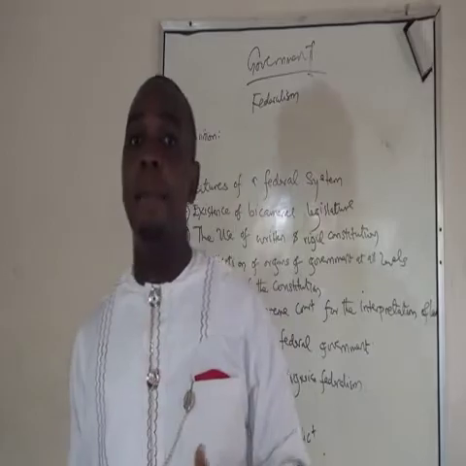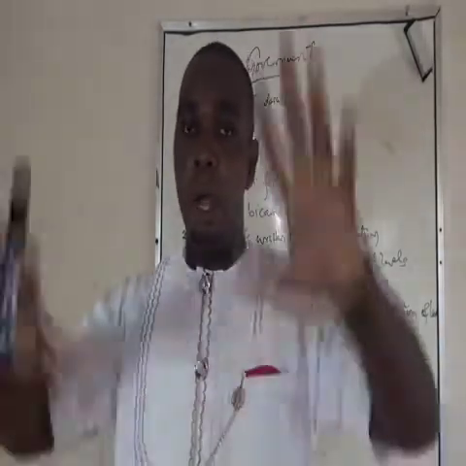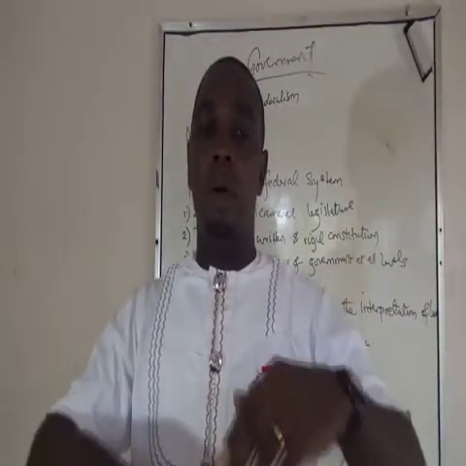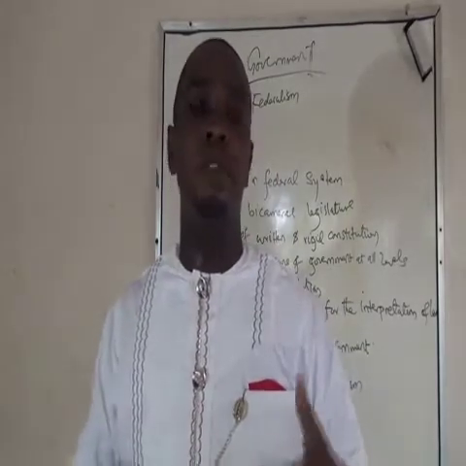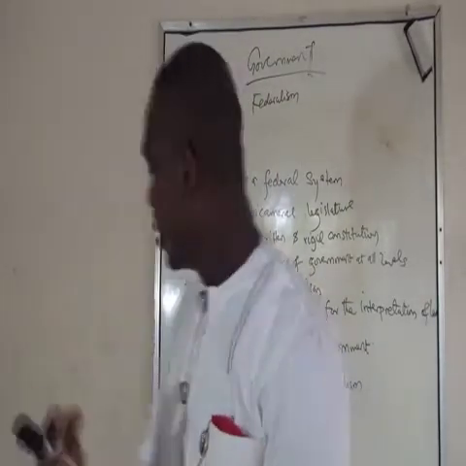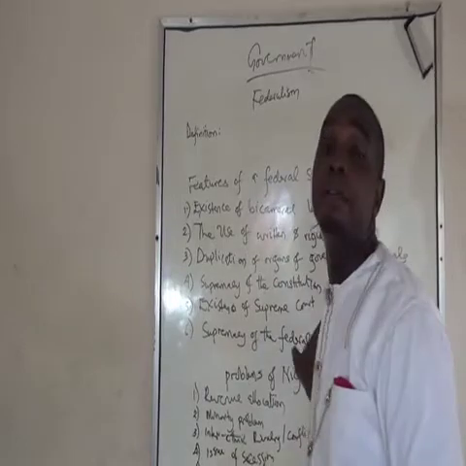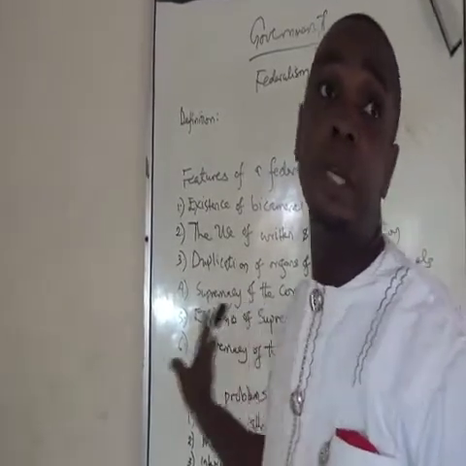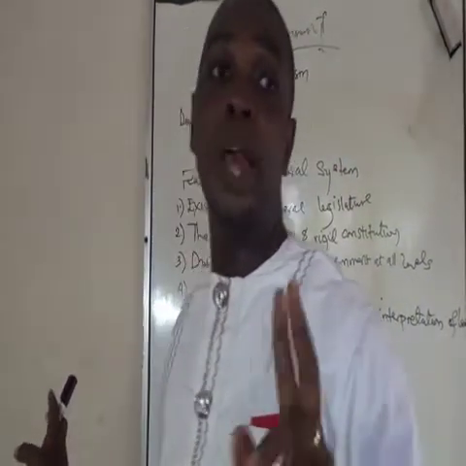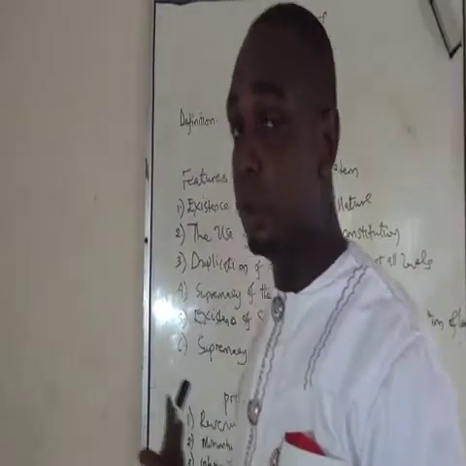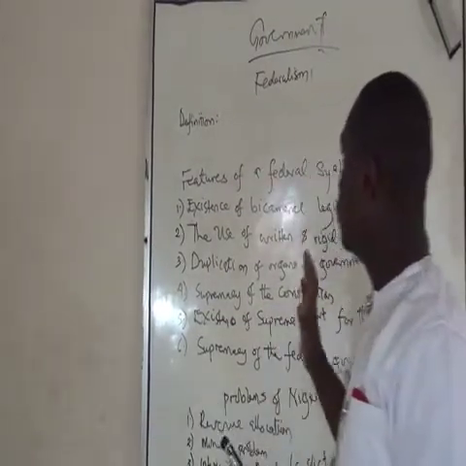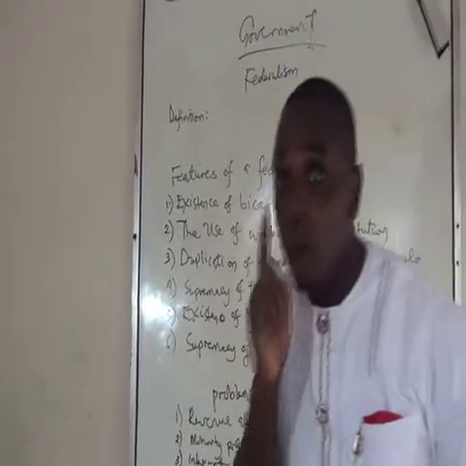I would have taken time to give you typical examples of the functions of the exclusive powers of the federal government. But for time constraints, I will not be dwelling so much on it because we have a whole lot of things to teach here. So remember the clause I gave you.